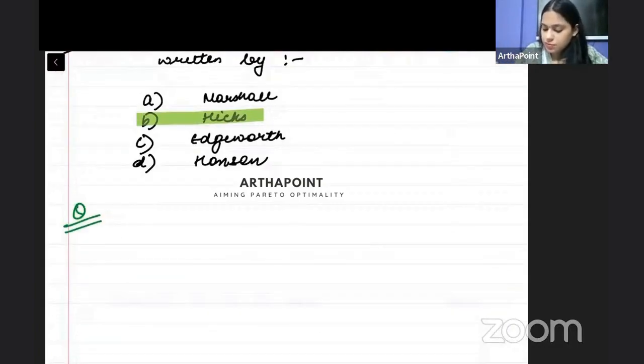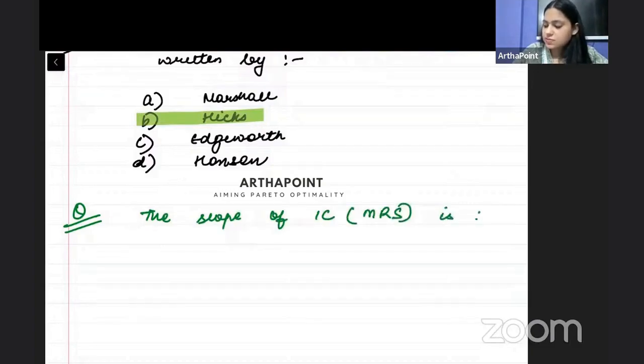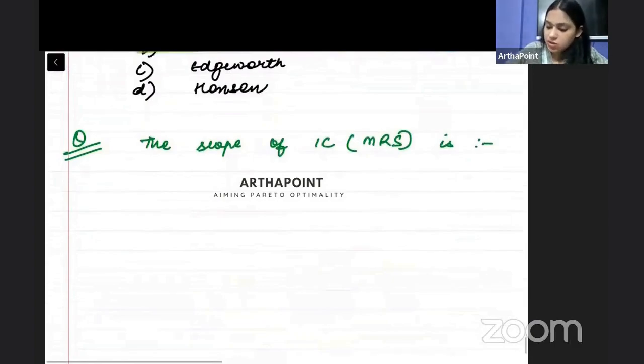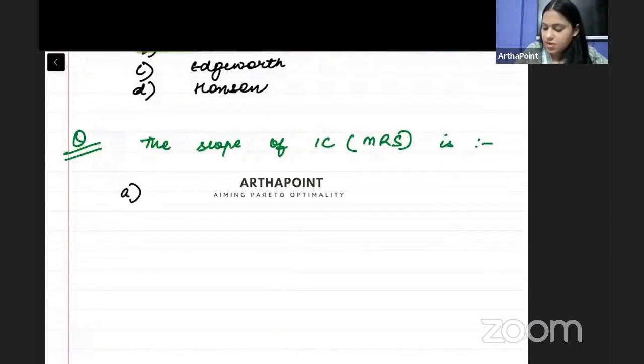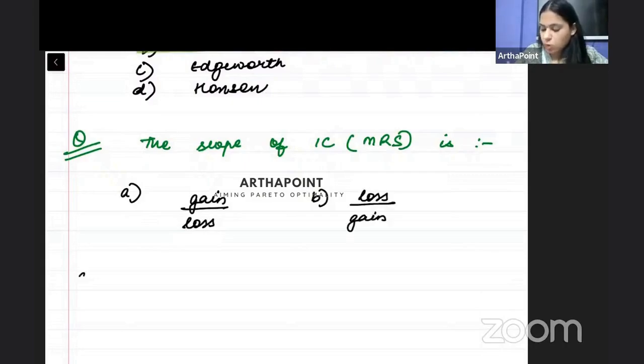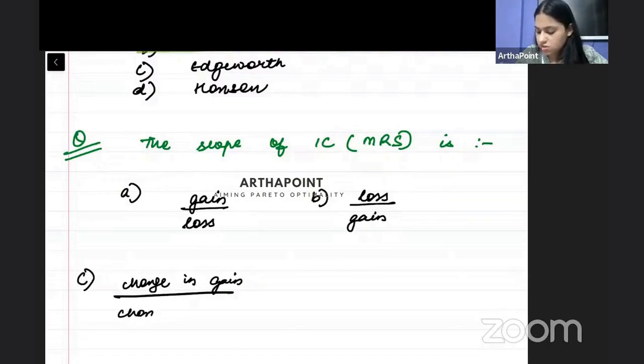So the slope of indifference curve called as MRS is, please write down, beta. Option number A, gain by loss. Option number B, loss by gain. Option number C, change in gain by change in loss.